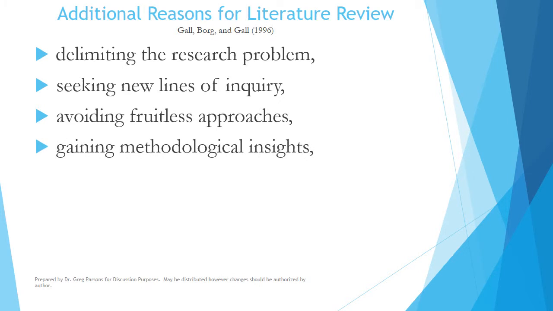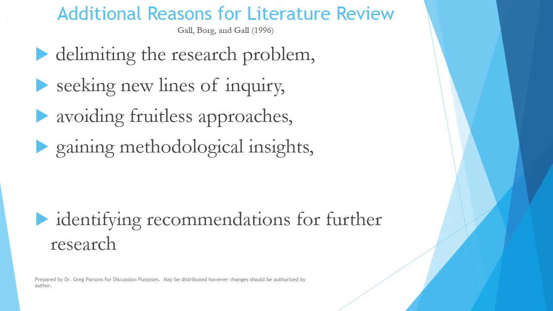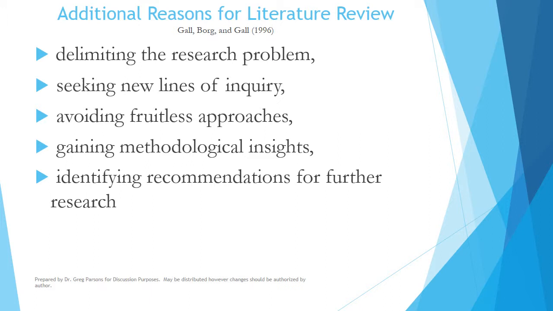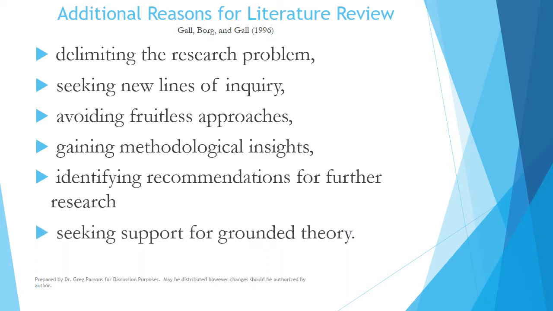You may find ways of approaching the research, collecting and analyzing the data, that have been done before. If it's a proven methodology, those are the types of things that are going to be very useful when you start constructing your own methodology. The literature review also helps your conclusions, as you're writing up your conclusions and recommendations.